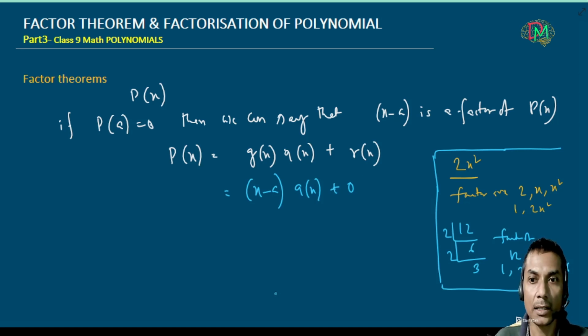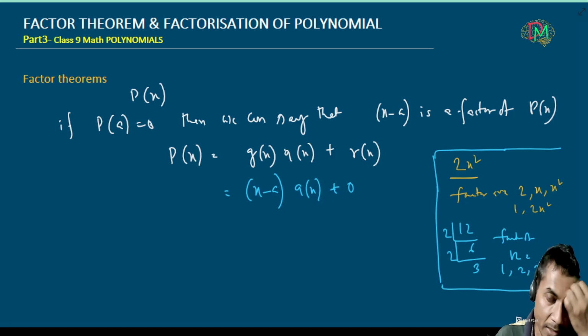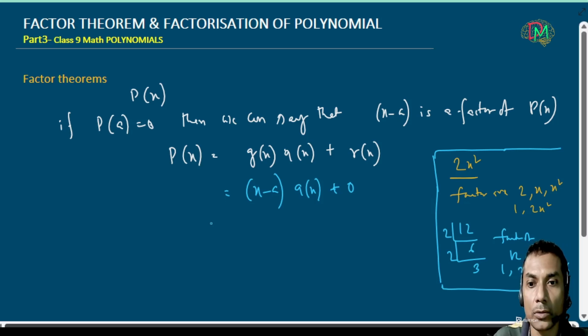We know that if p(a) is equal to 0, then r is equal to 0, if x minus a is divisible into this p(x). We elaborate this with some example so that you get this concept clear. From this concept we can say that when p(a) is equal to 0, x minus a is a factor of p(x).